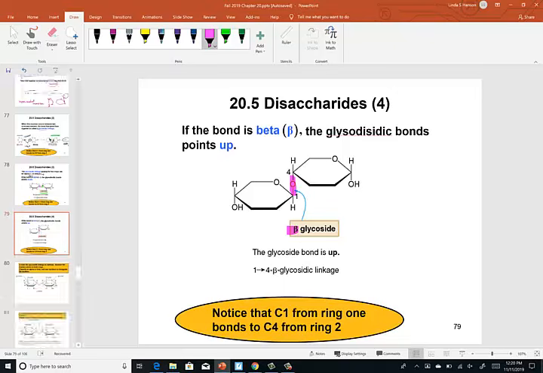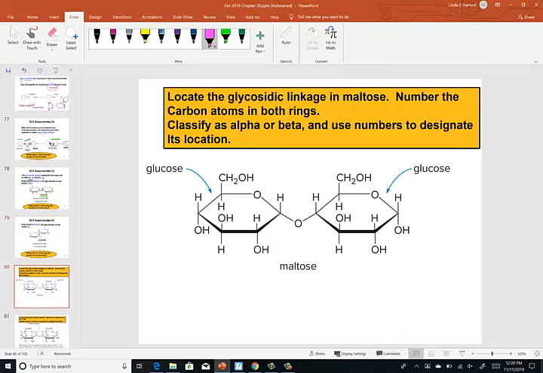So there's a lot of opportunity to apply this from monosaccharides to disaccharides. Here's a practice that asks us to locate the glycosidic linkage in maltose. This is a disaccharide composed of 2 monosaccharides. The glycosidic linkage goes from the alpha anomer carbon, carbon 1 of the first ring, to carbon 4 of the second ring.